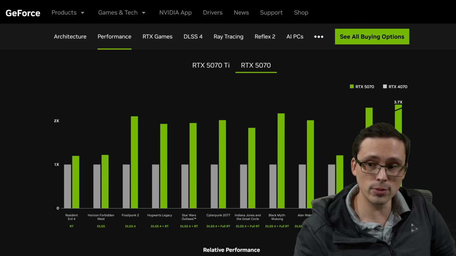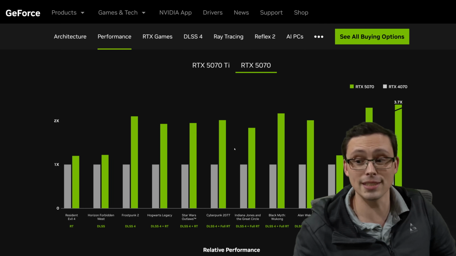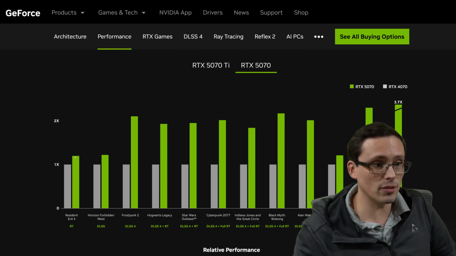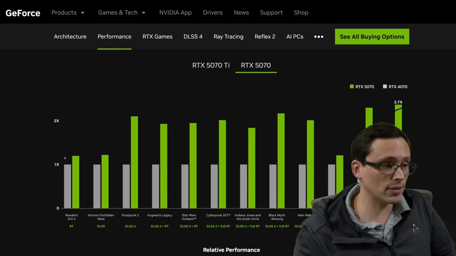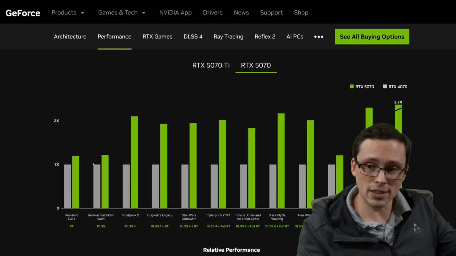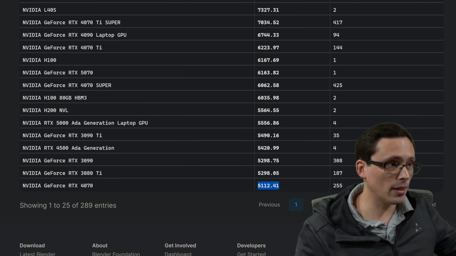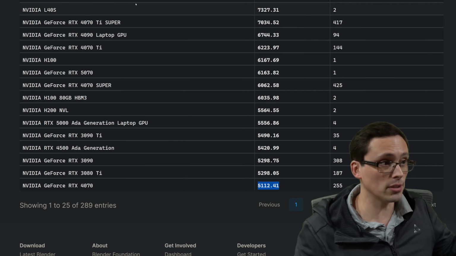This performance graph, when you ignore the multi-frame gen versus not multi-frame gen, I would say misleading bar graphs, and look at the apples to apples comparisons, 5070 versus 4070, this is, if you pixel count it, about a 20% performance uplift. So they're claiming about a 20% uplift, and our leaked open data on Blender is also showing about a 20% generational uplift.